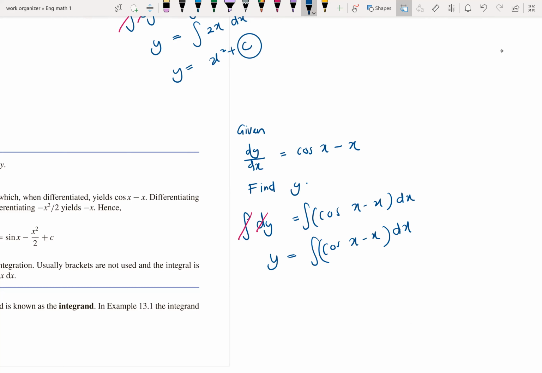Now we have to find the function that we differentiate to get each term here.